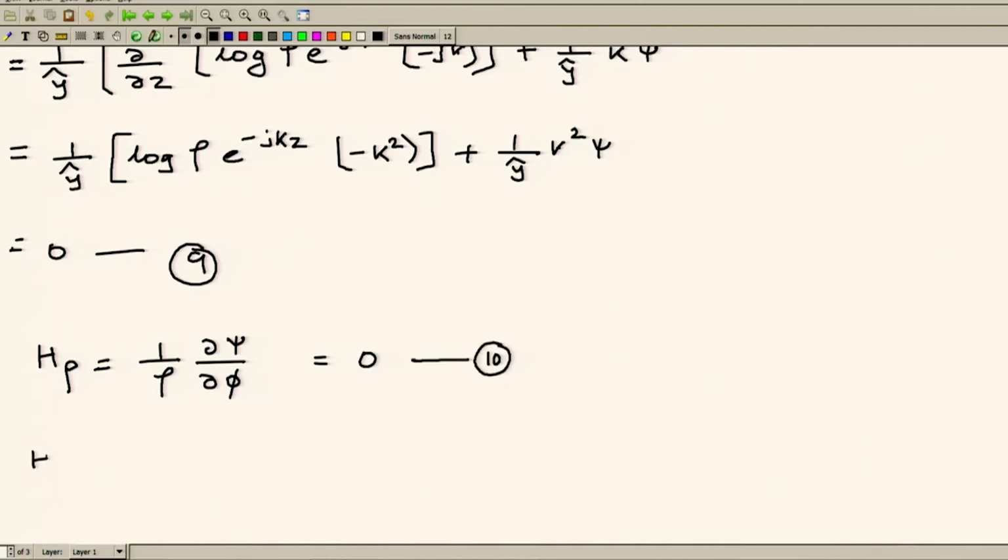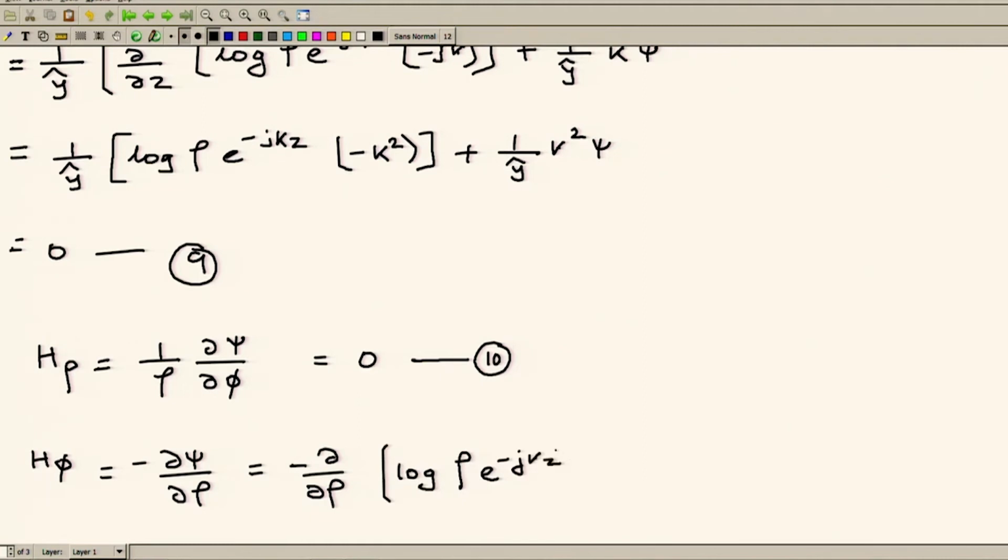Now, H phi. So, H phi we derived as minus of del psi upon del rho. So, minus of del rho of psi, where psi was log of rho e to the power minus j k z.